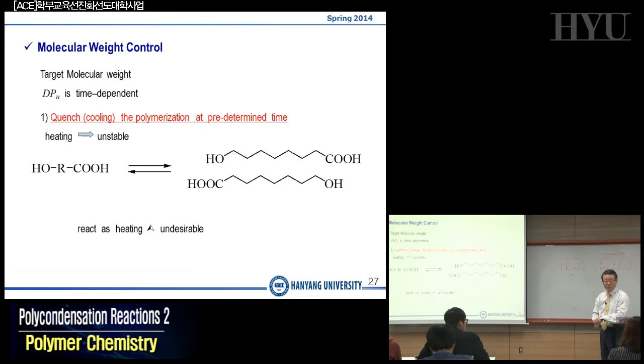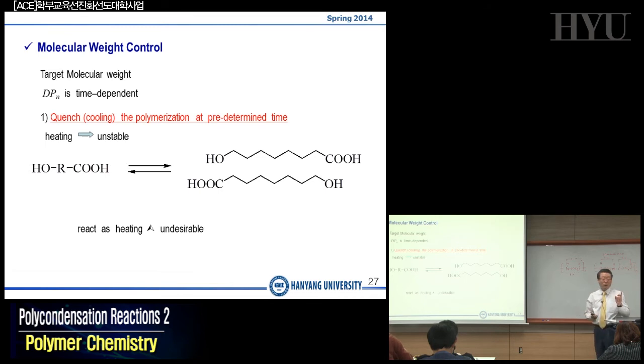So at a predetermined time, if you quench or cool your reactor, the reaction will stop, controlling the degree of polymerization and the molecular weight.